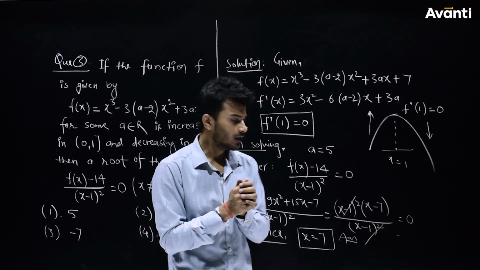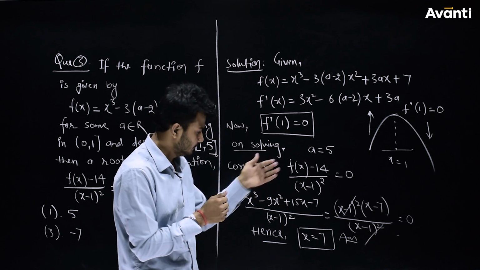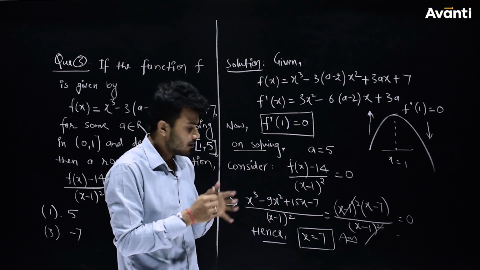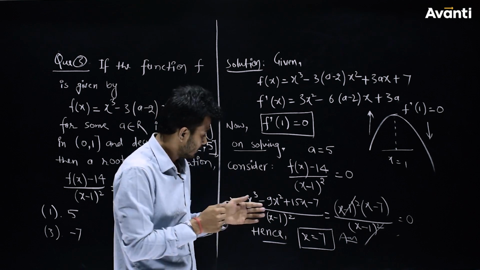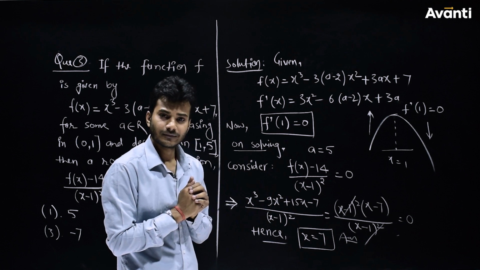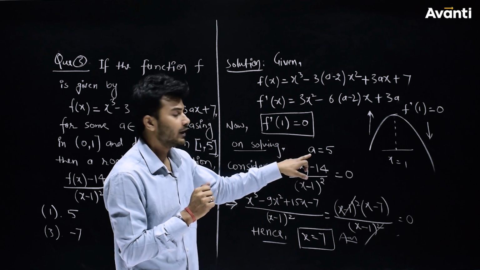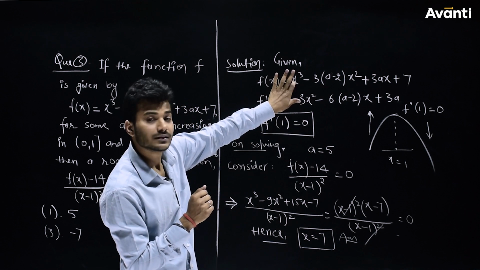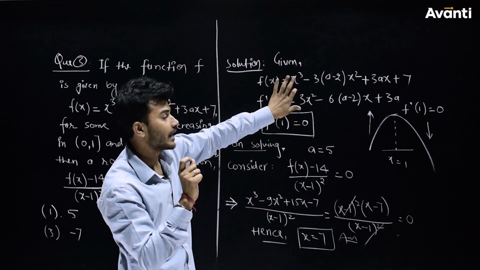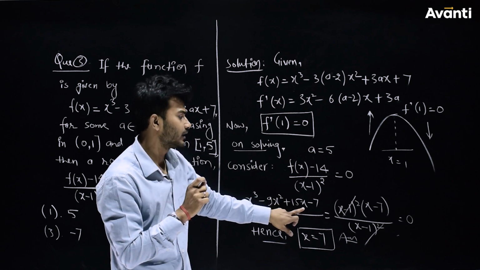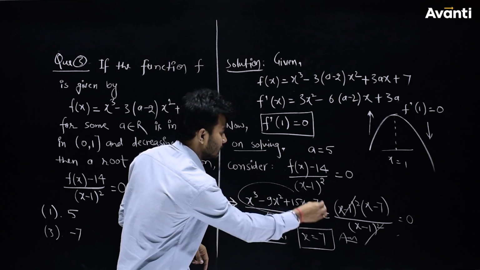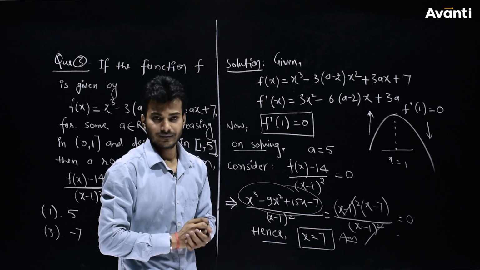How do we find f(x) − 14? This is (x³ − 9x² + 15x − 7)/(x − 1)². We have put the value a = 5 in this f(x), and then subtracted 14.